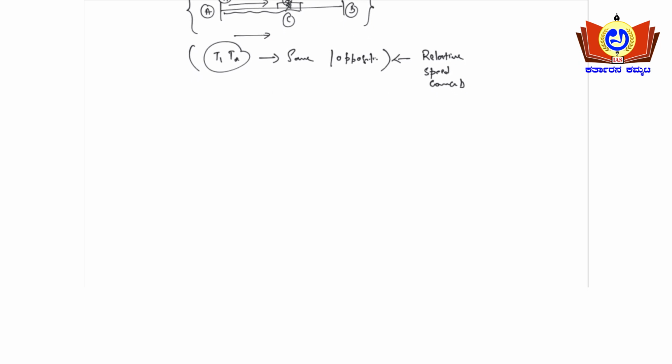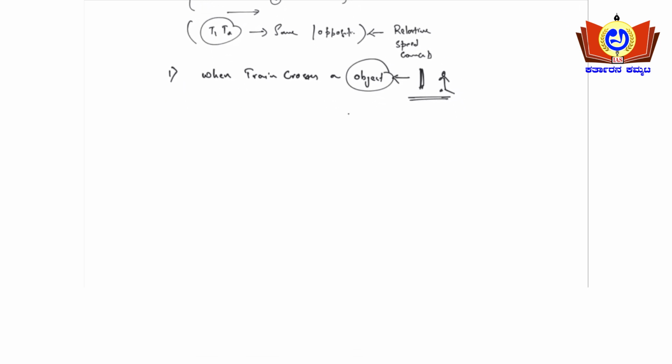So when a train crosses an object, see the first case here. This object may be a single pole, for example a train crossing a pole, or a person. This will be the question type, or else a train crossing a platform.